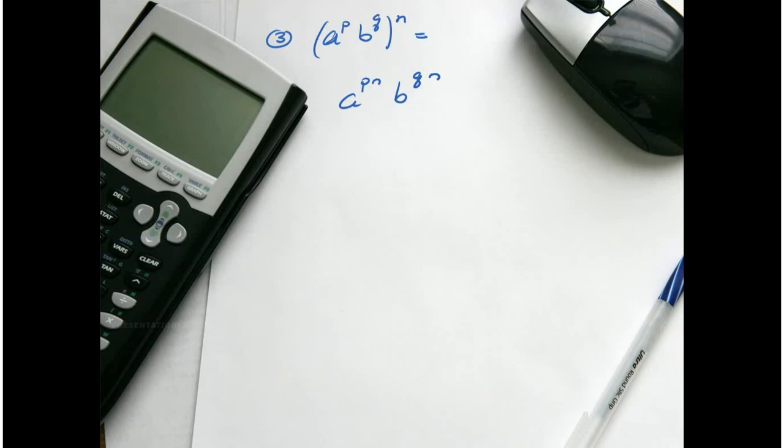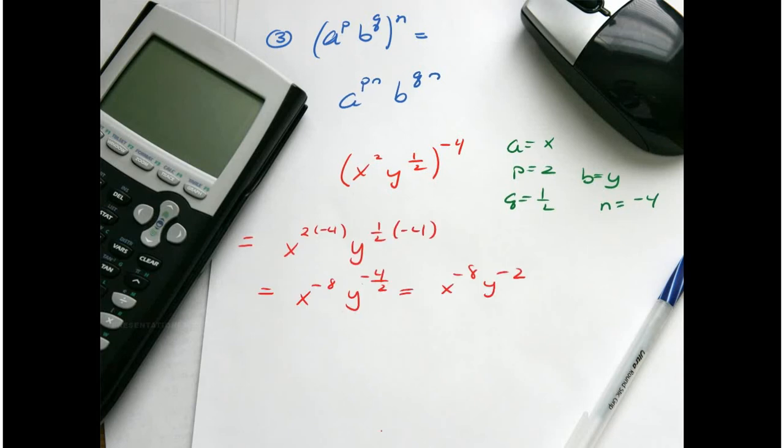Well, in this case, every single one of the exponents gets a little n, and we multiply the exponents. So if in this case a equals x, p equals 2, b equals y with q equals 1/2, and n is -4, we just multiply the exponents together and arrive at x to the -8, y to the -2.